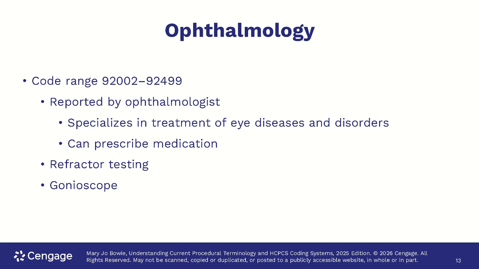And an ophthalmologist can prescribe medication as part of a treatment plan, as well as conduct tests and issue prescriptions for corrective lenses. An optometrist is not a medical doctor and cannot prescribe medication, but is able to prescribe corrective lenses.